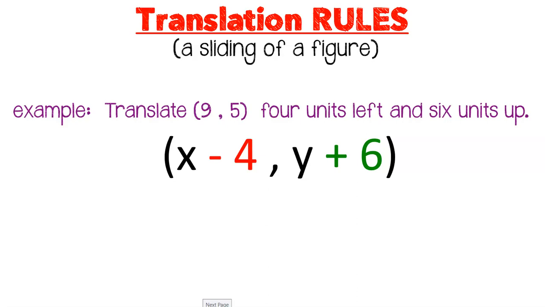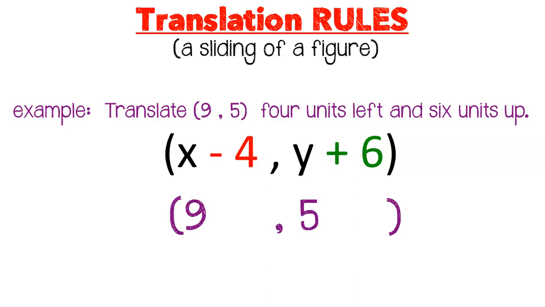So take your original point, (9, 5), and let's perform these mathematical operations. Subtract 4, add 6. And there we have our new pair.